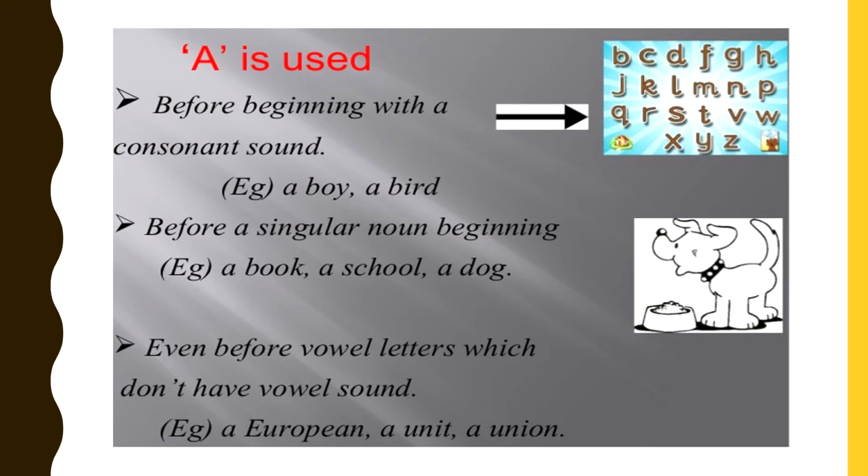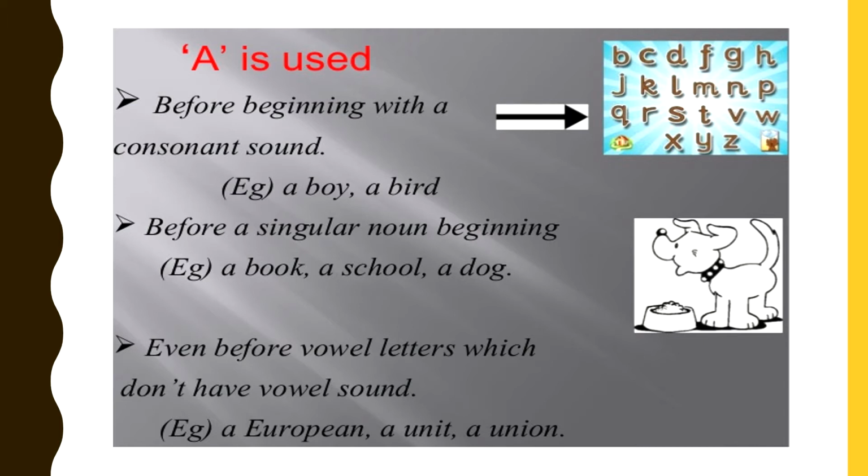Similarly, a bird. The word bird has a b sound in it, so we are using the article a. Now, I shared with you that article a is called an indefinite article. Why so?